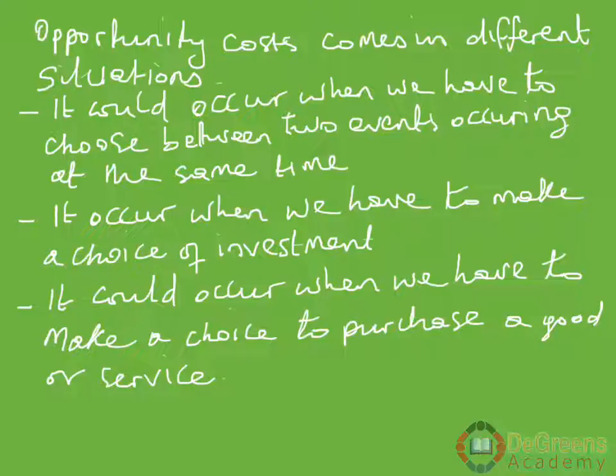So opportunity cost comes in different situations. It could occur when we have to choose between two events occurring at the same time. Say I had an invitation to attend a wedding at 1 o'clock on Tuesday, and I discovered that at 1 o'clock on Tuesday, some other occasion is coming up.